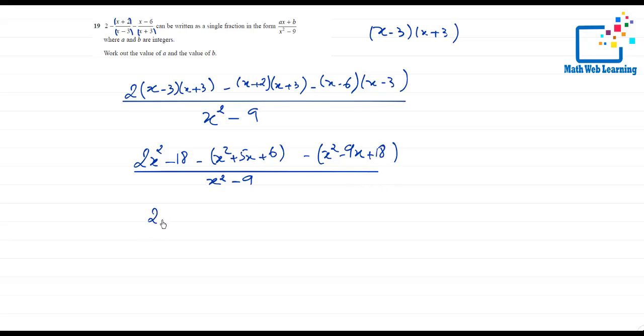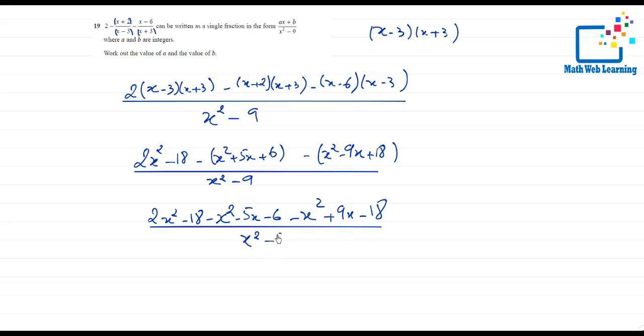So we're going to do 2x squared minus 18. Now I'm ready to remove the brackets: minus x squared minus 5x minus 6. Then minus x squared plus 9x minus 18, all over x squared minus 9.